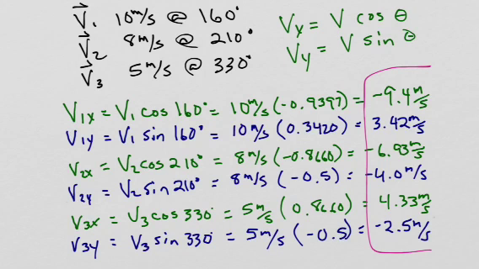We do that by summing all of these components. So add all of your x's together, and then add all of your y's together and see what you come up with.